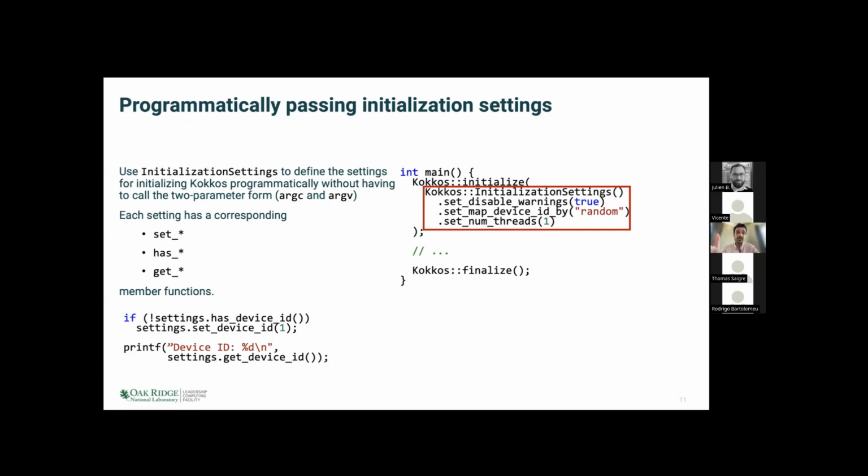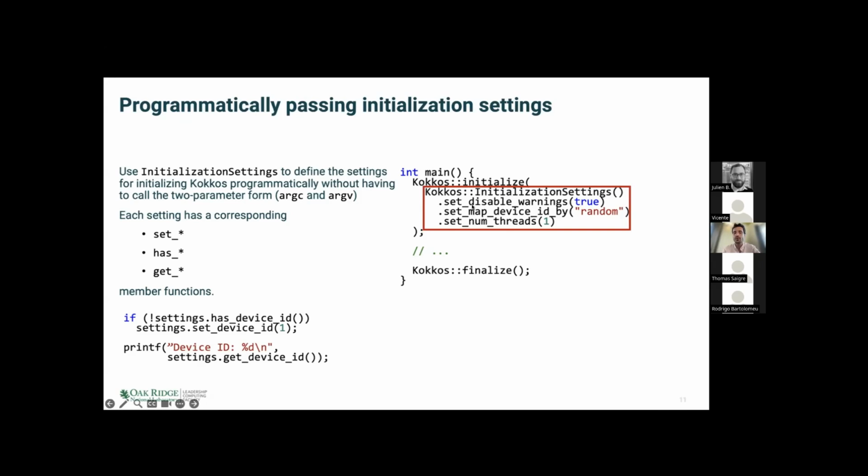You could change the mapping and you could say, I only want to use one thread. If for some reason, in your use case, you really don't want to let people change it and you really only want one thread, you can do it programmatically. The idea is that any of the Kokkos options has a set function, which is the one you're usually going to use.